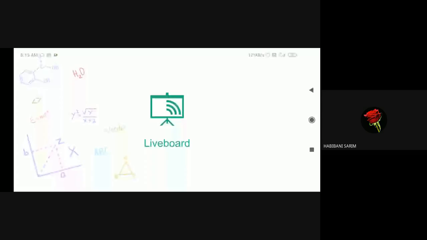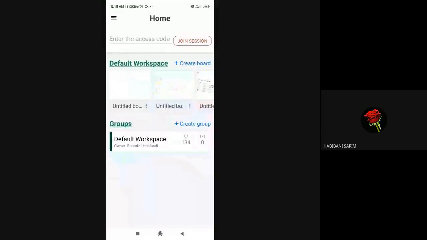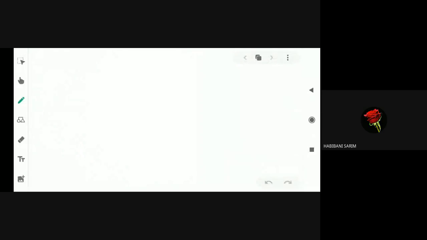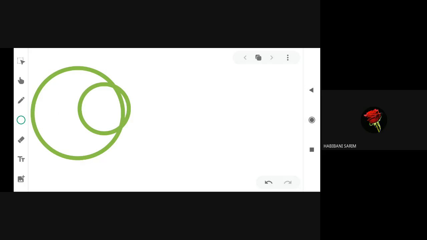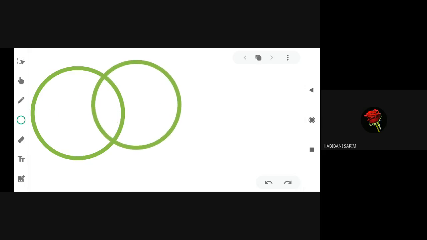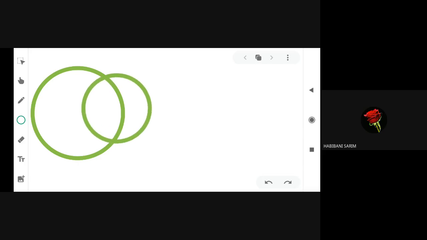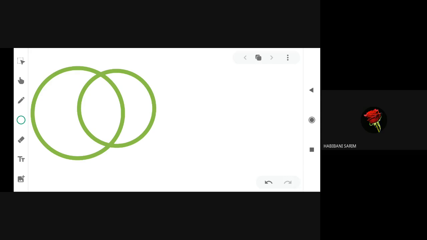Now you can see in this live board, there are two different circles which intersect at 2 points.